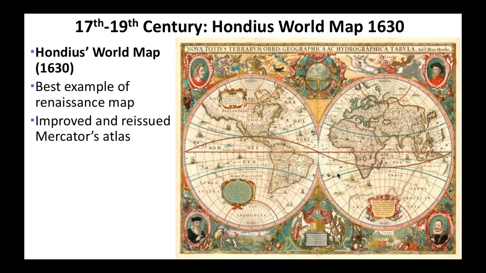The Hondius world map is the best example of a Renaissance map. It improves and reissues Mercator's atlas projection. It also continues to use several lines for navigation along with a graticule system, but it also incorporates figures like Gerardus Mercator, for example, and others here at the margins.